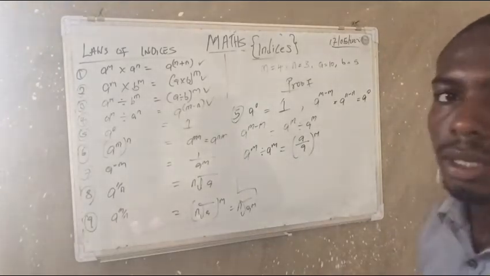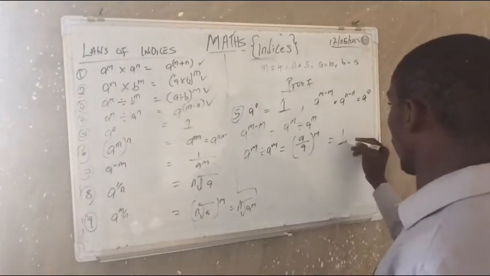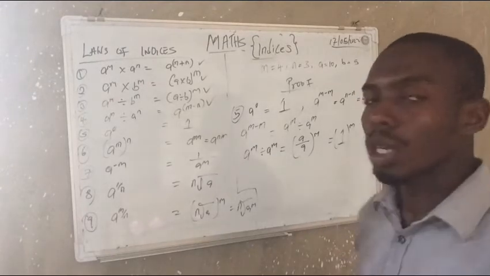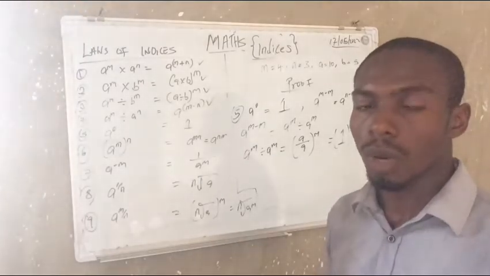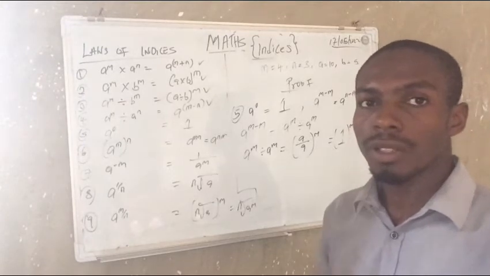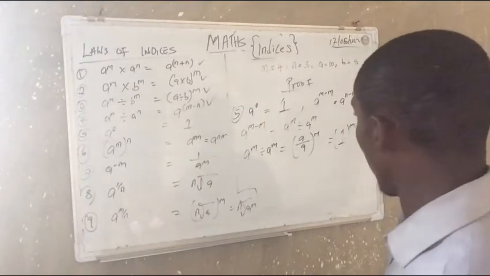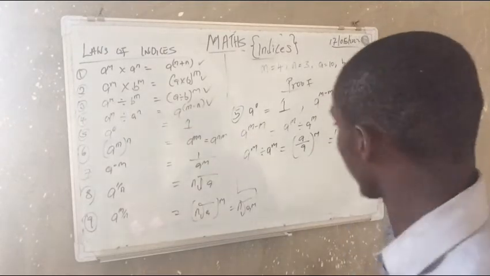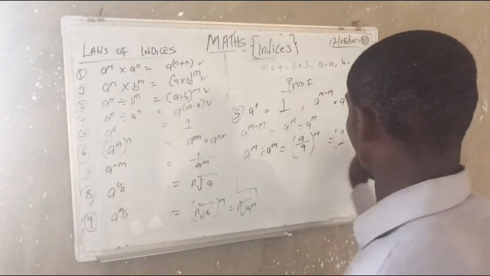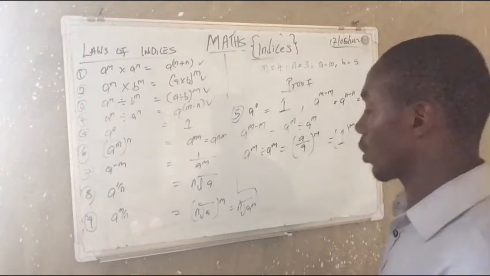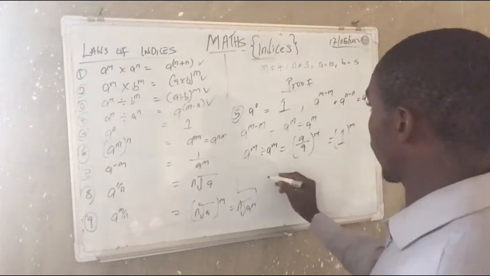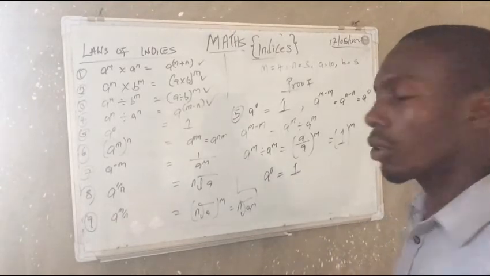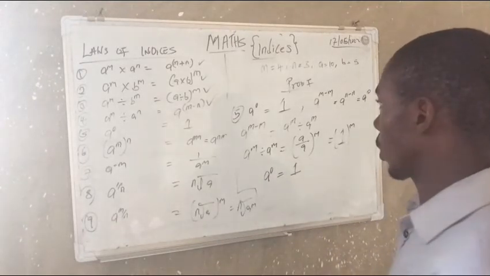When a divides a, we're going to have what? 1 to the power m. And 1 raised to the power 1 million is still 1. 1 raised to the power 1 trillion is still 1. Anything to the power 1 is still what? 1. So this will leave us with no choice other than a raised to the power 0 to be equal to 1. I don't know if we understood this one.